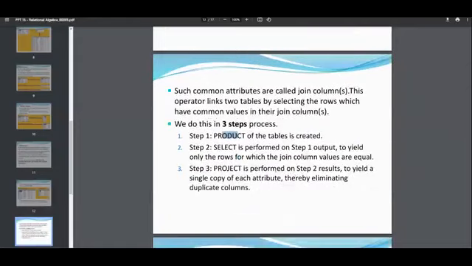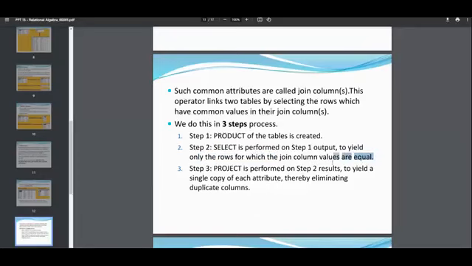After that, select is performed on step 1. Then you can forward it to yield only the required rows, only the rows having equal values.